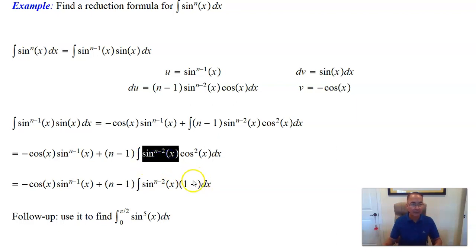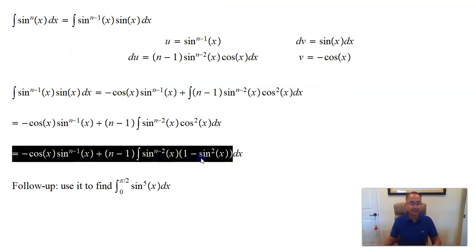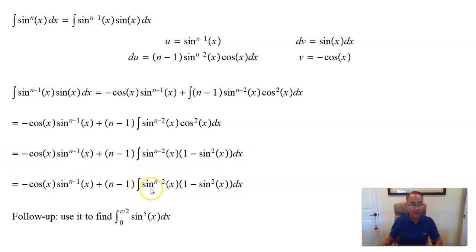So I will take this and turn the exponent to just sine squared x. And this is good because see what happens when we distribute the sine to the n minus 2 x. It's still going on inside the integral.